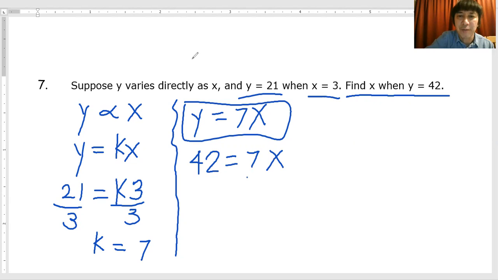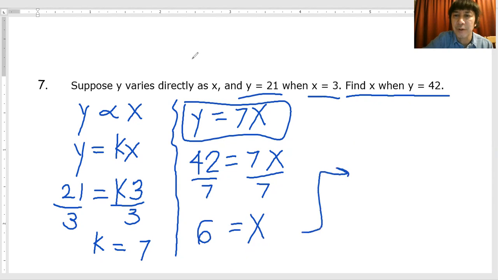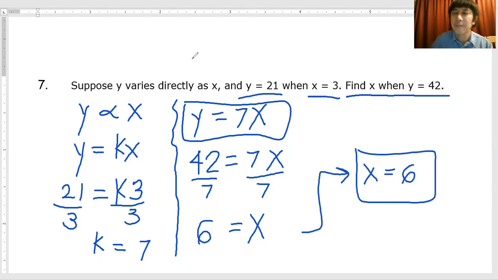We divide by 7. The divisor is taken from the coefficient of the unknown, and in this case, it's 7. So x is equal to 6. Or we usually write it this way. So that gives us the solution for number 7.